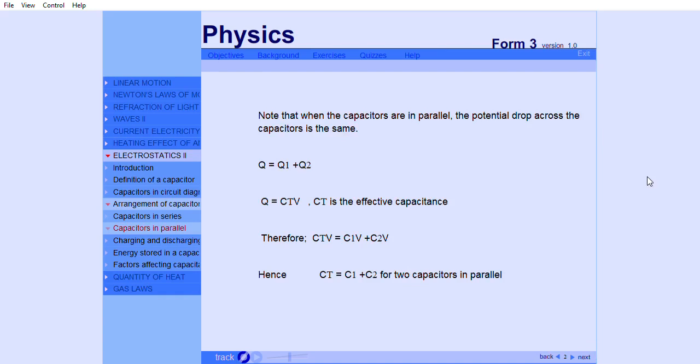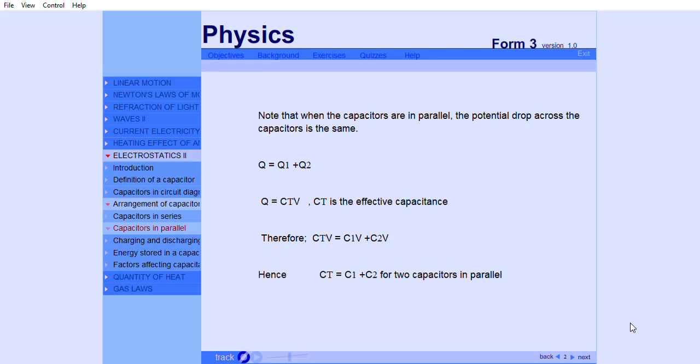Note that when the capacitors are in parallel, the potential drop across the capacitors is the same. Q is equal to Q1 plus Q2. Q is equal to CTV, where CT is the effective capacitance.